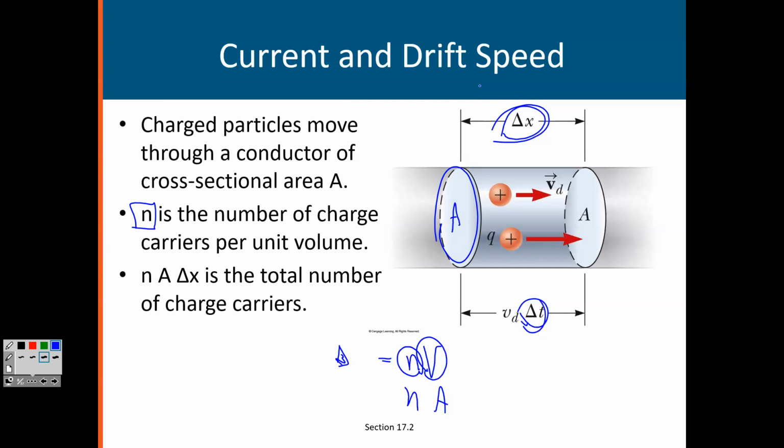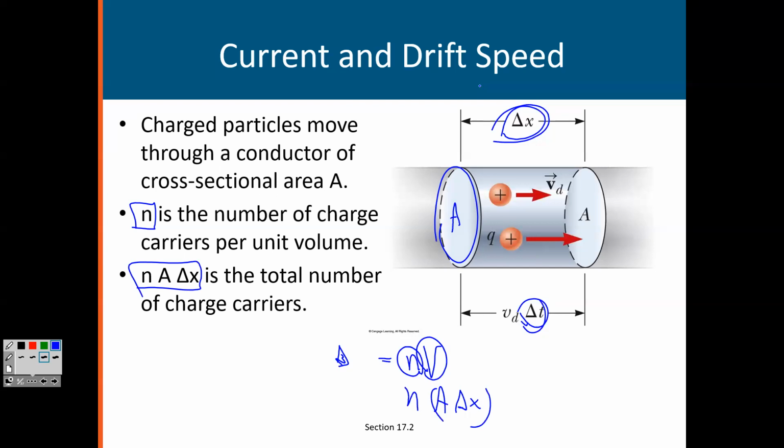So for V, I can write A delta x. So n A delta x will give you the total number of charge carriers that is crossing that area in that period of time, delta t.